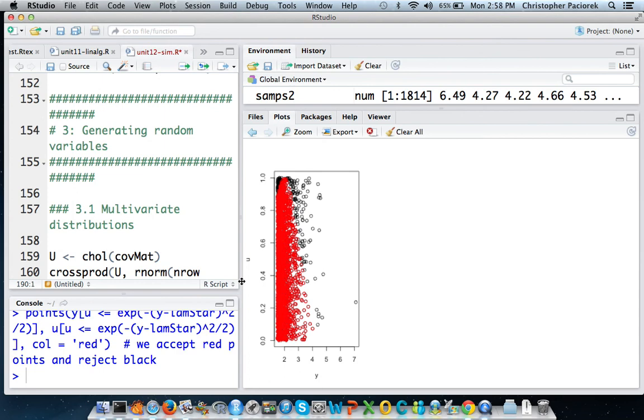So for values around 2, it looks like everything's accepted. For values less than that, there are a few points that are rejected, corresponding to points that fall into this little area here. And then as we get out in the tail, all of these points are being rejected. So out here, everything's getting rejected, but like I said before, we don't end up proposing very many values out there because we're out in the tail of the G distribution as well. So that's out here where this is many orders of magnitude larger than this, so everything is rejected. Okay. But it shows pictorially what's going on.